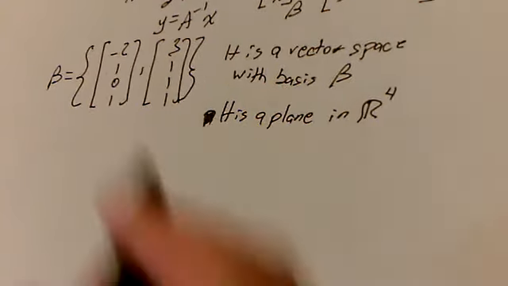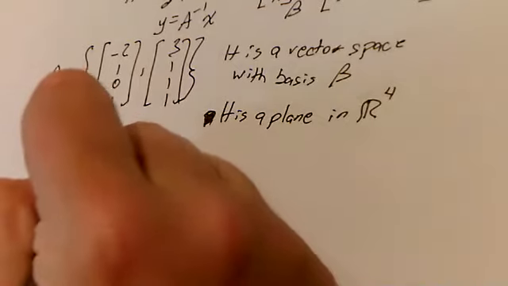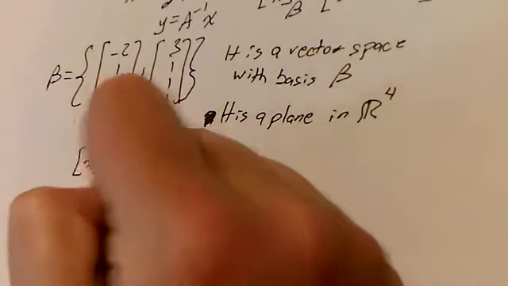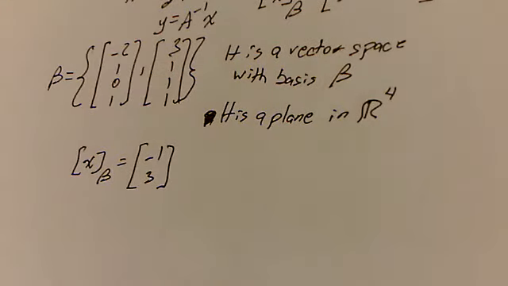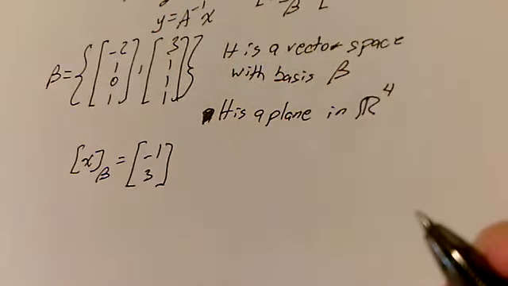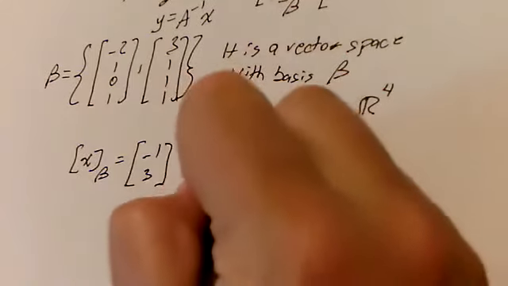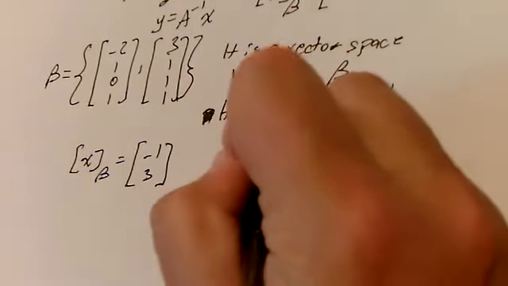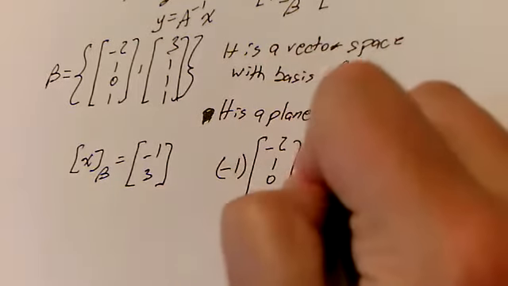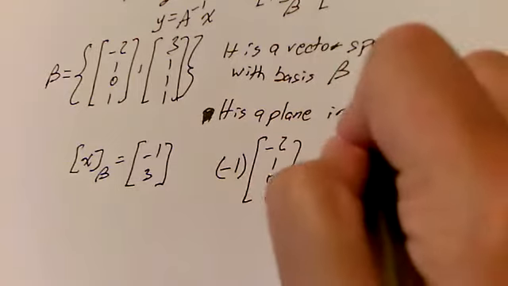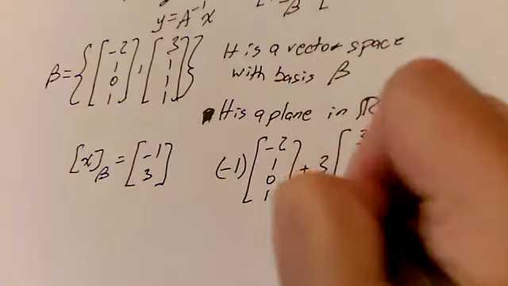Well, if I have a coordinate vector that's equal to -1, 3, notice I just have 2 coordinates in my coordinate vector because I only have 2 basis vectors. I can find x. I'm going to take -1, multiply it by the first basis vector, and add that to 3 times the second basis vector, 3, 1, 1, 1.